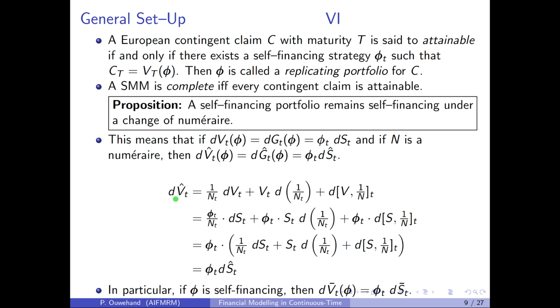And thus dV hat is equal to φ dS hat, which is what we had to prove. In particular, if φ is self-financing, then using the bank account as numeraire, we see that the differential of the discounted value of the portfolio is φ times the differential of the discounted share prices.